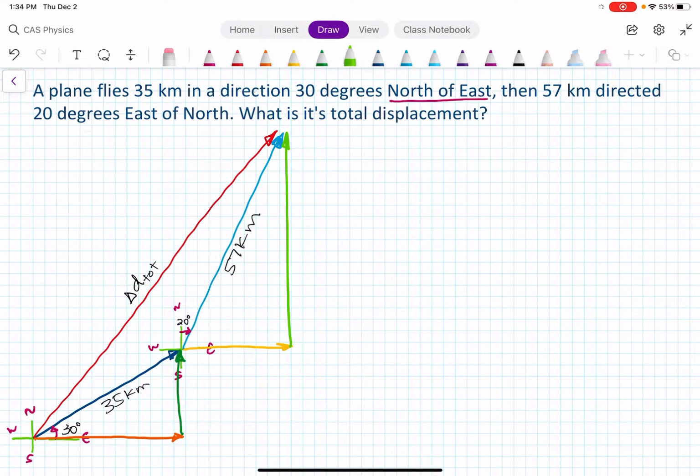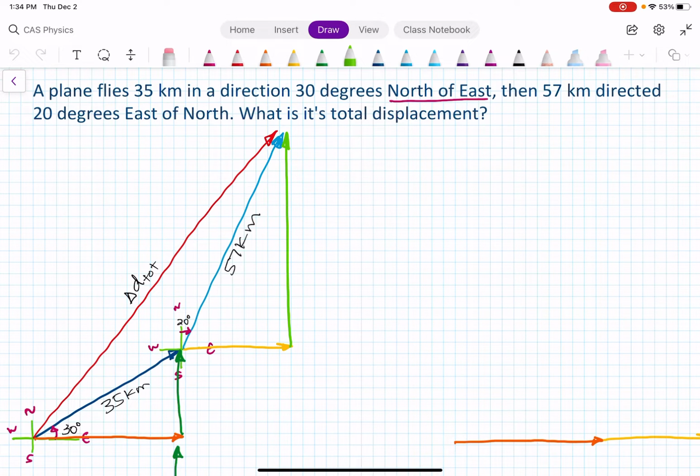And what we did in class is we sort of illustrated it this way. If I take this vector and lay it down here, and I add the X component of the first one to the X component of the second one, and then I do the same thing for the Y's.